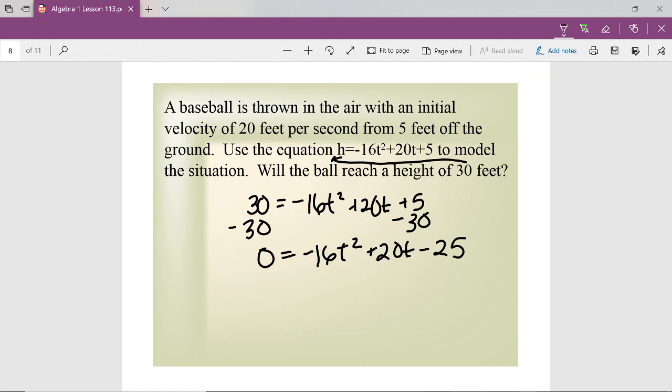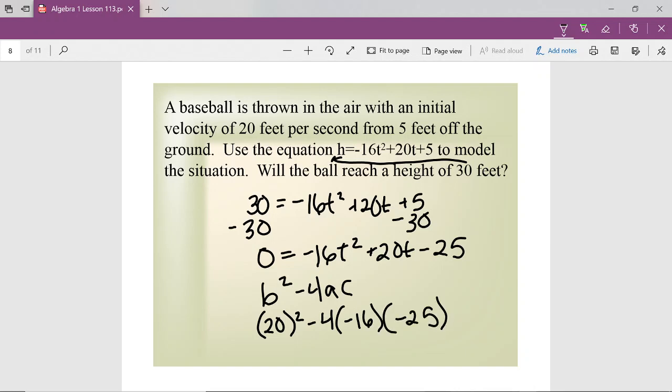And I'm going to plug it in, and I'm going to say b squared minus 4ac. If this has a root, then we would say yes, it's actually going to reach that height of 30. If it comes out with no roots at all, we're going to say no, it can't reach that height of 30. So let's plug it in. We have 20 squared minus 4 times negative 16 times negative 25.